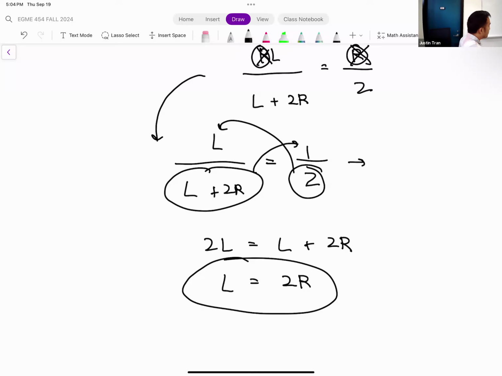Think about it, right? And so this result right here basically says that if you have any cylinder and you want to maximize its volume, that means the length must be twice the size of the radius.